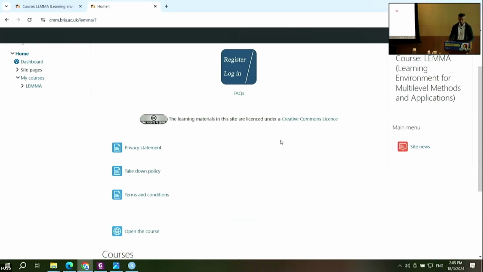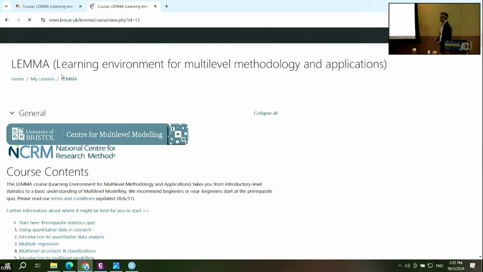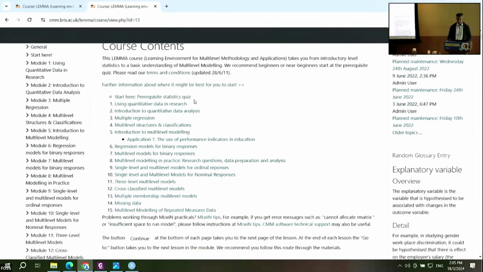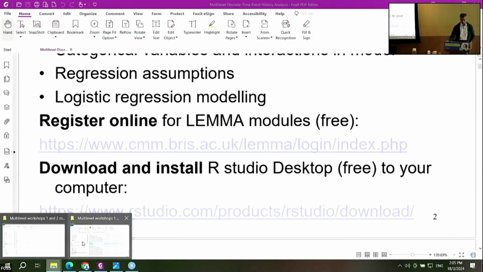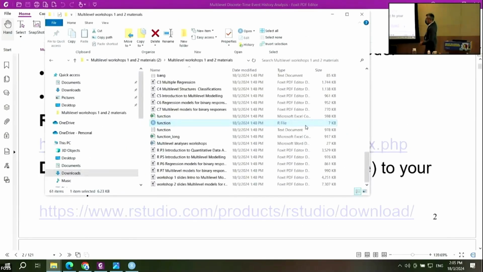It's free to register, and it goes into very great depth about different types of multi-level models. Nearly all of today's practicals are from there, although some of it is stuff that I made myself. For the latter half of today's workshop, we'll be looking at modules 6 and 7, multi-level logistic regression models. That explains why you have so many files in the zip folder. They're all coming from this Lemma website.